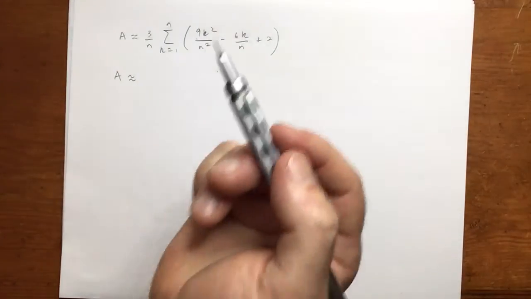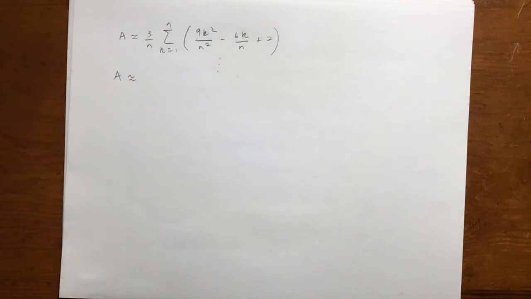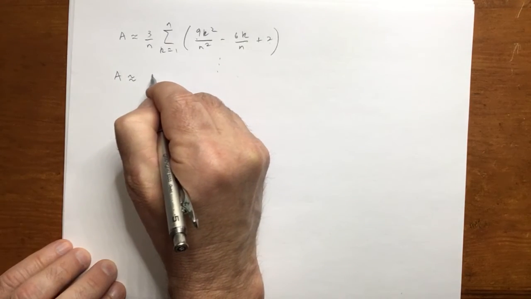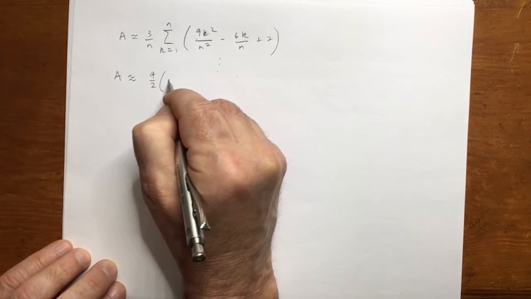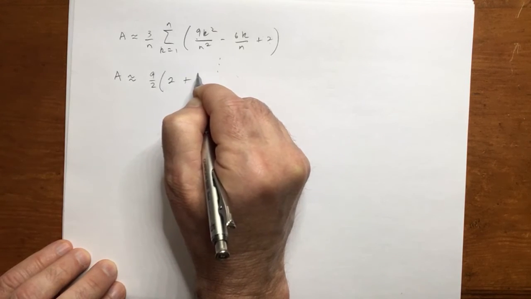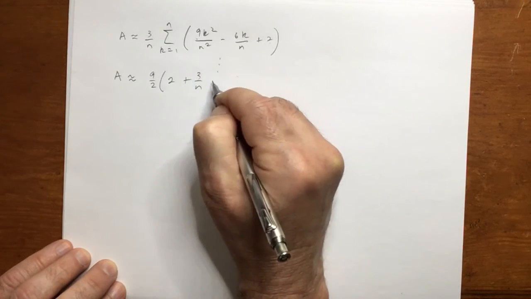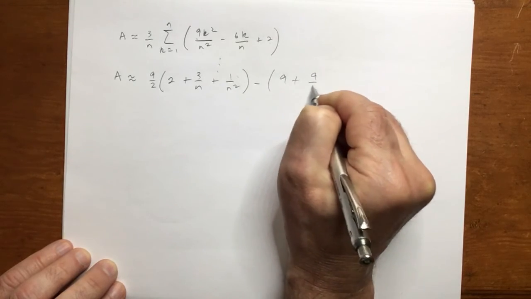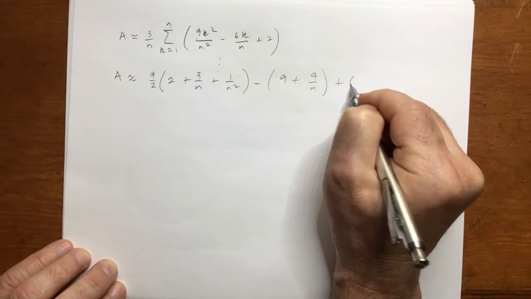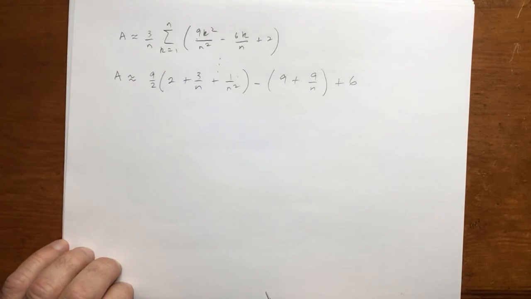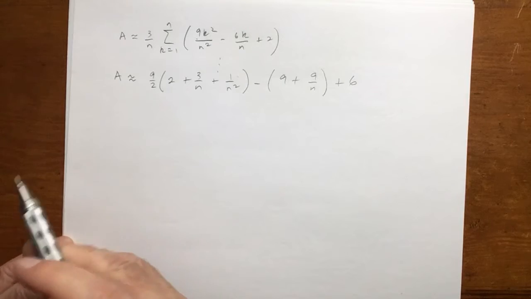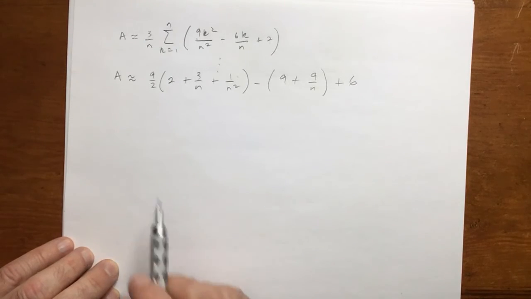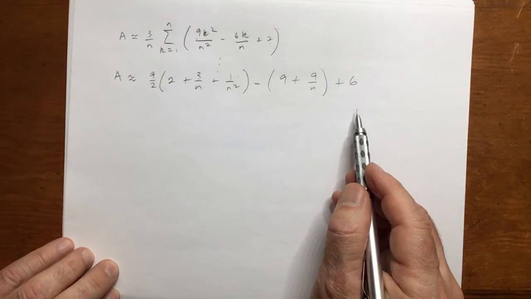And we would discover that our area is approximately, where did I write this down? Let's see, I have 9 halves times 2 plus 3 over n plus 1 over n squared, minus 9 plus 9 over n, plus 6. But to answer the last part, we want to find the limit of this.